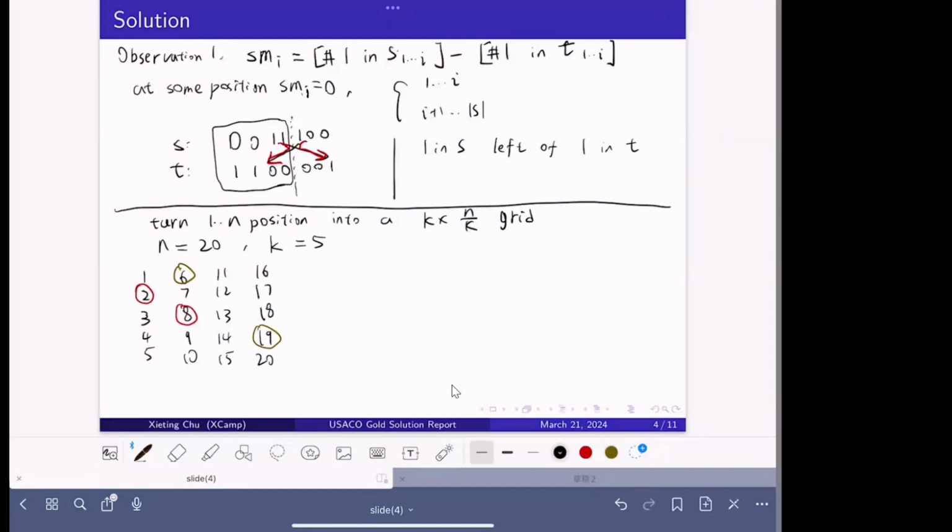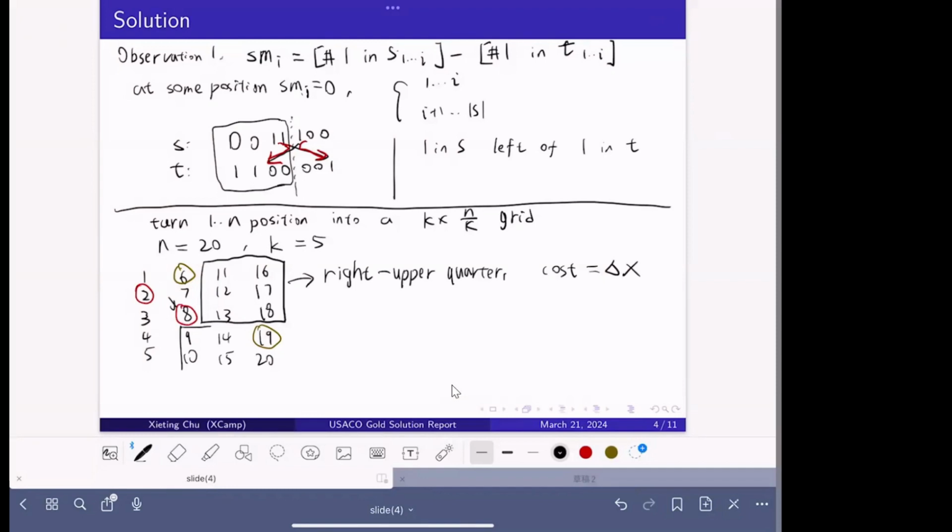After this representation, we find that if we move a red position, for example this 8, to the right upper quarter, then the cost should be delta x. You can check it.